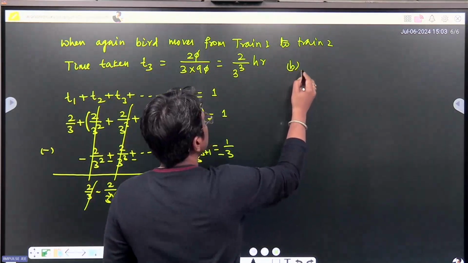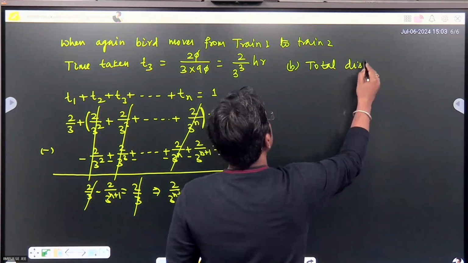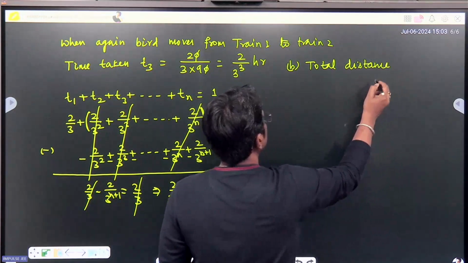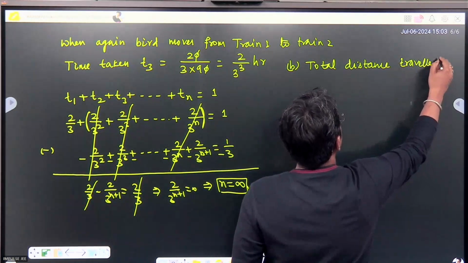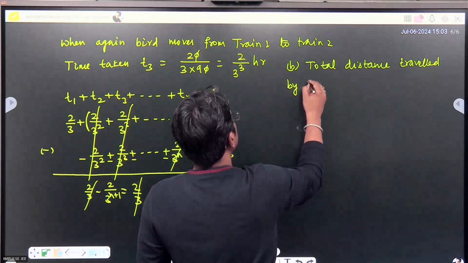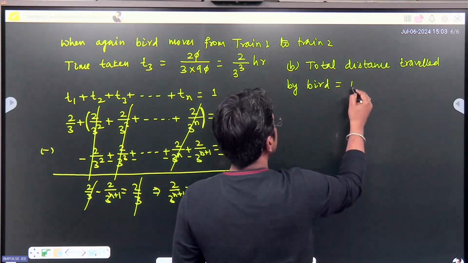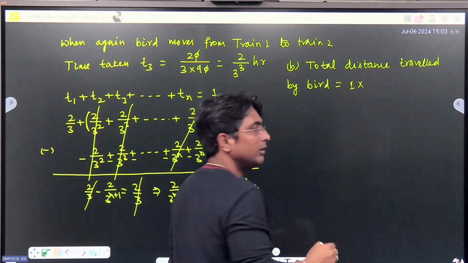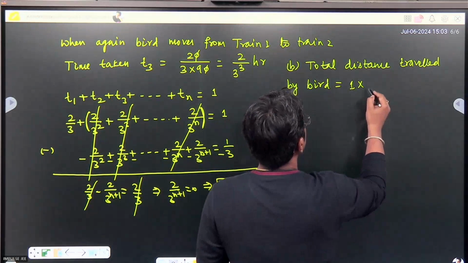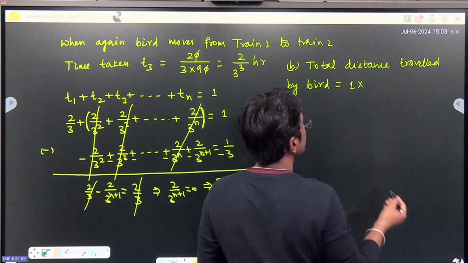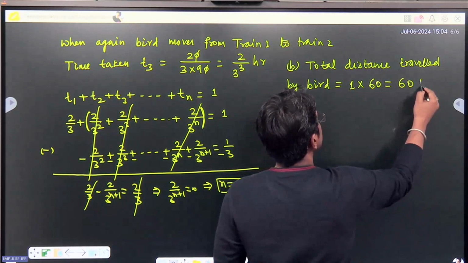So for part B, we can write total distance traveled by the bird can be written as the crashing time, that is 1 hour, times its average speed, that is given as 60 kilometer per hour. So that is coming 60 kilometer.